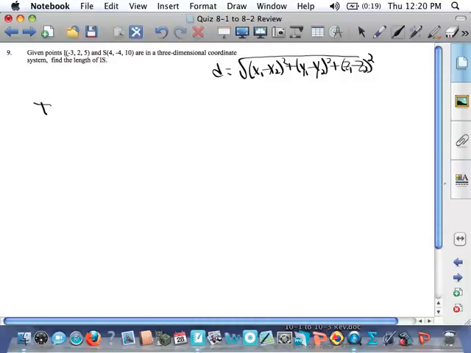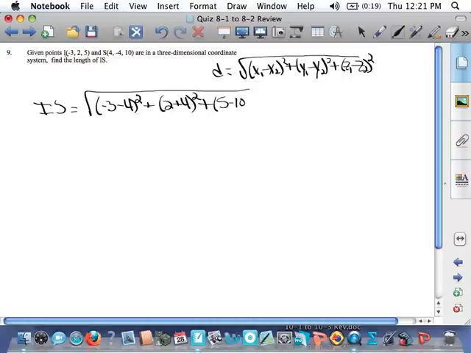So the distance is equal to the square root of -3 minus 4 squared plus 2 plus 4 squared, minus a negative makes that positive, plus 5 minus 10 squared. So I have -7 squared, which is 49, 6 squared, which is 36, and 5 squared, which is 25.